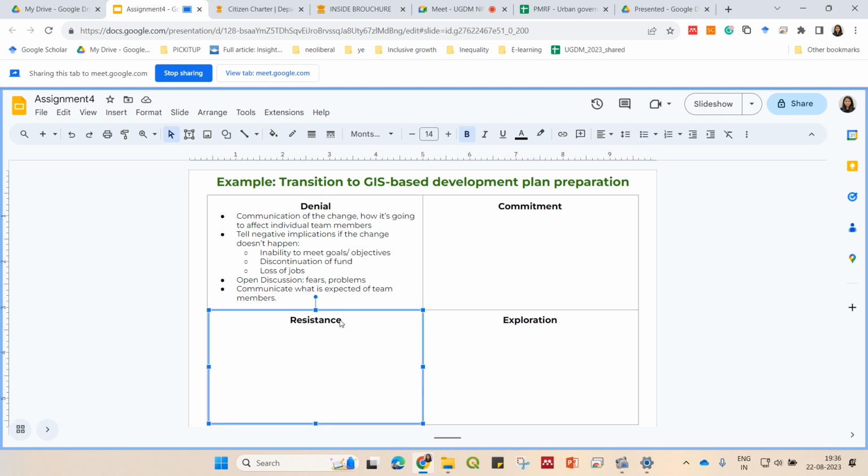Okay, these are the things which you have gone through so far. Now you should be expecting some resistance from the team, knowing now that this is something which they have to accept whether they like it or not.